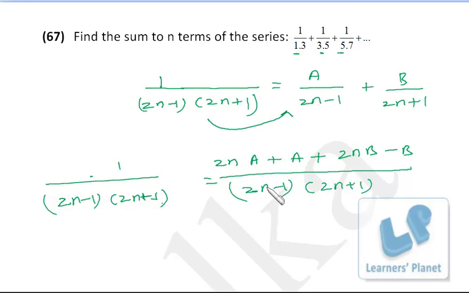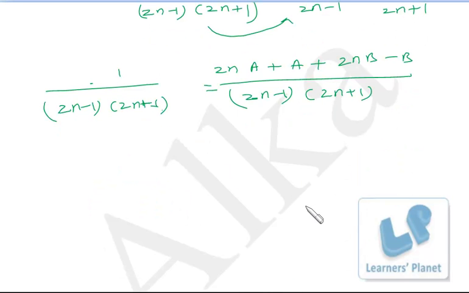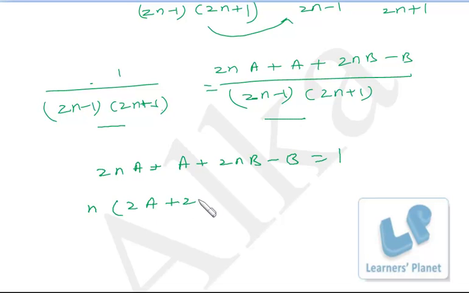Now we have to equate both sides. The numerator is equated with the numerator, and the denominators on both sides are the same. So 2na + a + 2nb - b is equal to 1. On the left hand side the coefficient of n is 2a + 2b, and the constant term is a minus b.